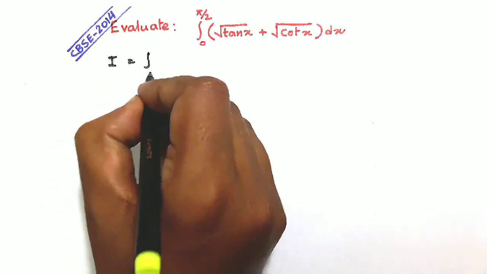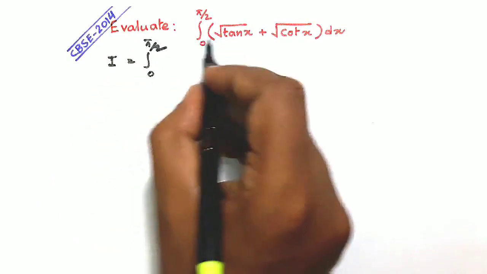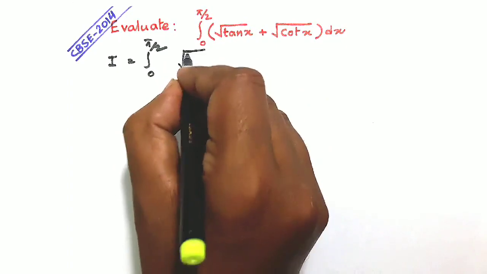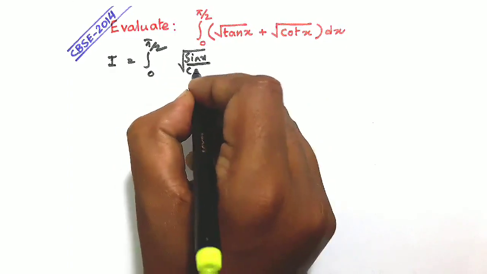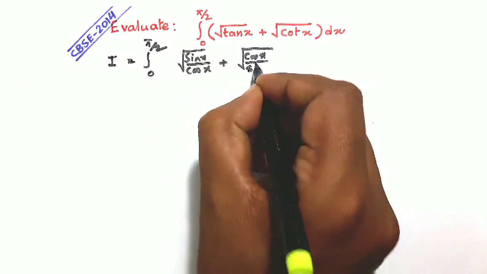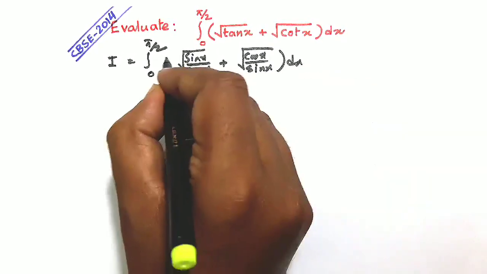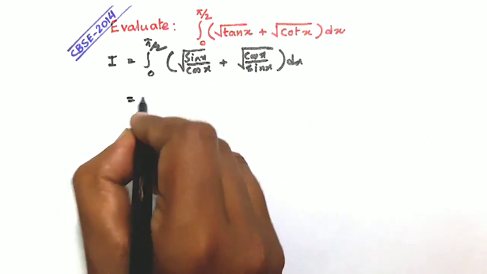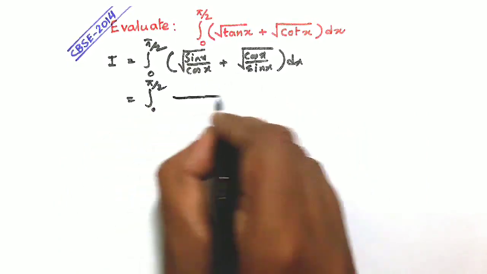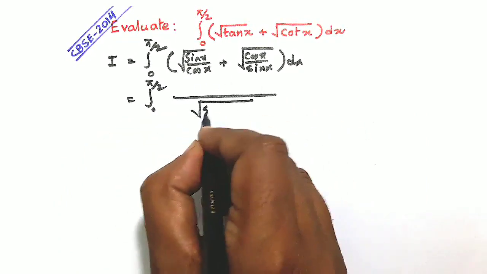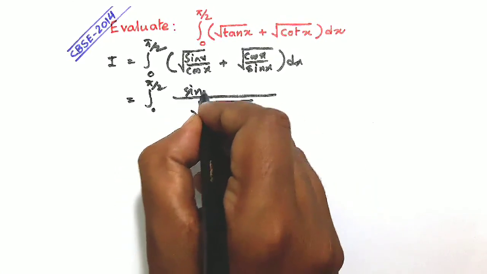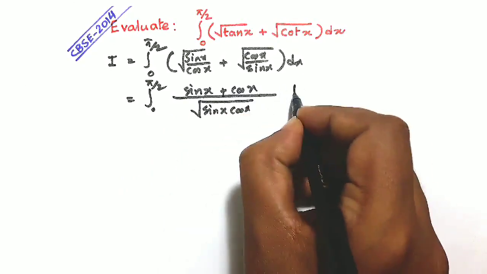I is integration 0 to pi upon 2. We write tan x as sin x by cos x, so it will be root over sin x upon cos x plus root over cos x upon sin x dx. So this is equal to integration 0 to pi upon 2, we take an LCM here, so the LCM is root over sin x cos x, and in numerator we are getting sin x plus cos x dx.